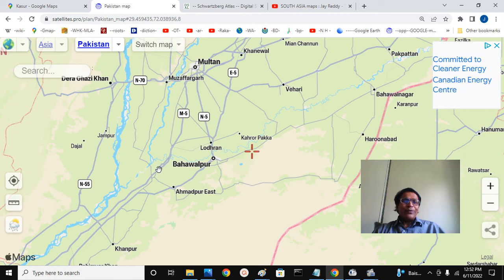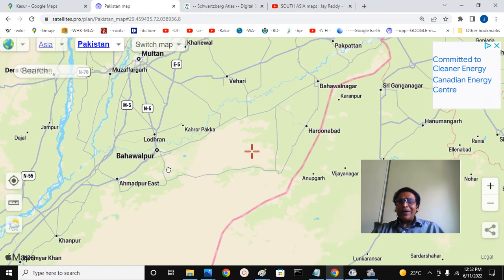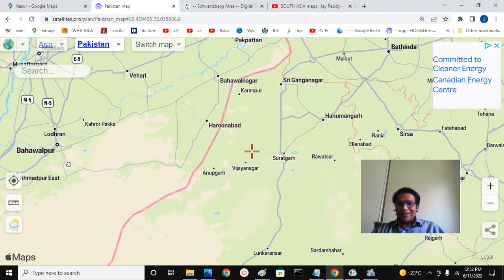Uch Sharif will be here, and Alipur will be here. This is the Panjnad. This is the Sindhu river, the Indus river. Mithankot will be here, and it enters into Sindh province at Kashmore and Shikarpur, Sukkur, and continues the journey to Hyderabad and falls into the Sindhu Sagar, that is the Arabian Sea.